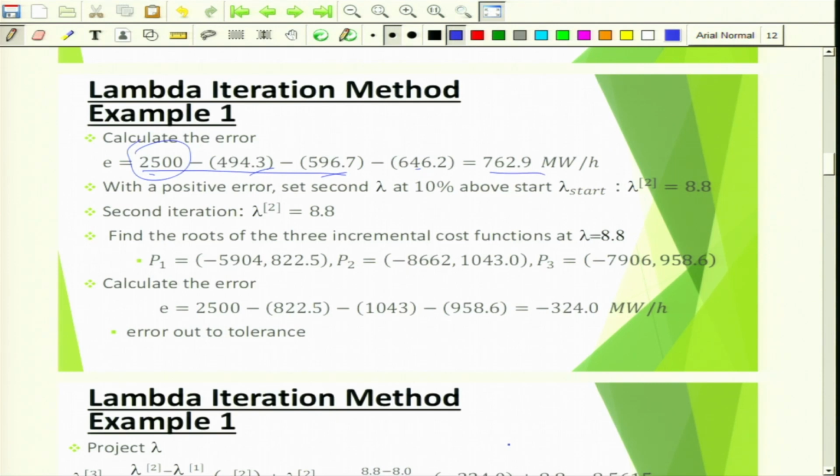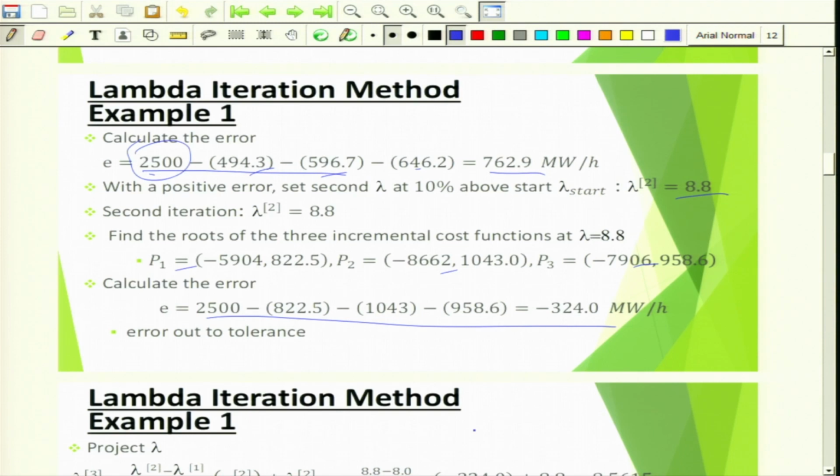Now you have to increase lambda. Let us say I increase by 10%, it will be 8.8. Let us see how it works. Now for 8.8 you will get a specific P1, P2, P3, and the error is coming out to be negative now. That means common sense clearly indicates lambda will be between the range of 8 to 8.8, right.